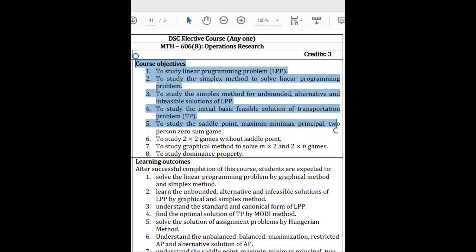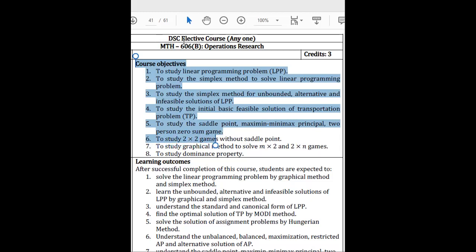These are the topics of game theory. Saddle point, max-min or minimax criteria. These are the methods of solving 2x2 games or 2-person zero-sum game.